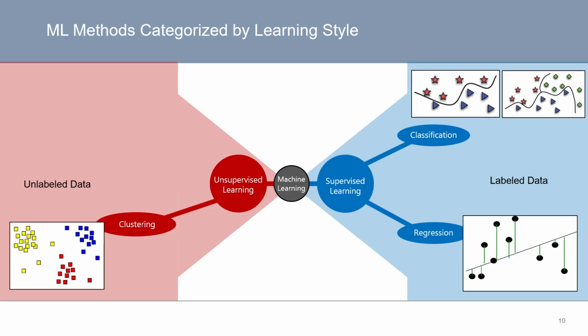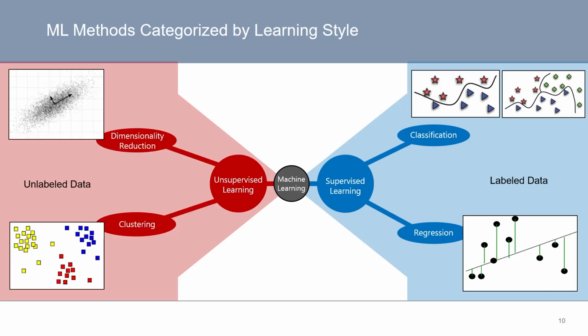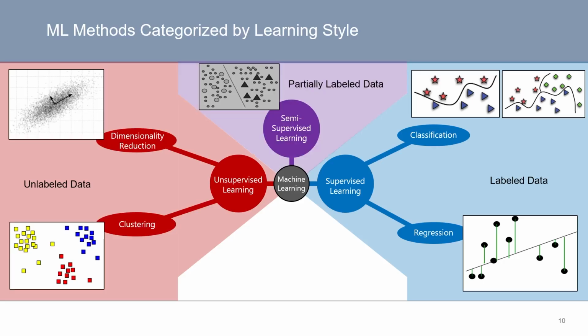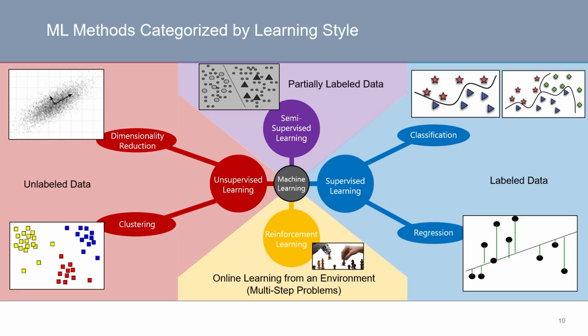This can include tasks such as clustering or dimensionality reduction. A somewhat newer category is semi-supervised learning, which aims to make the most of partially labeled data. And the last category is reinforcement learning, which focuses on online learning from an environment and typically focuses on complex multi-step problems, like learning to play multi-step games like chess.